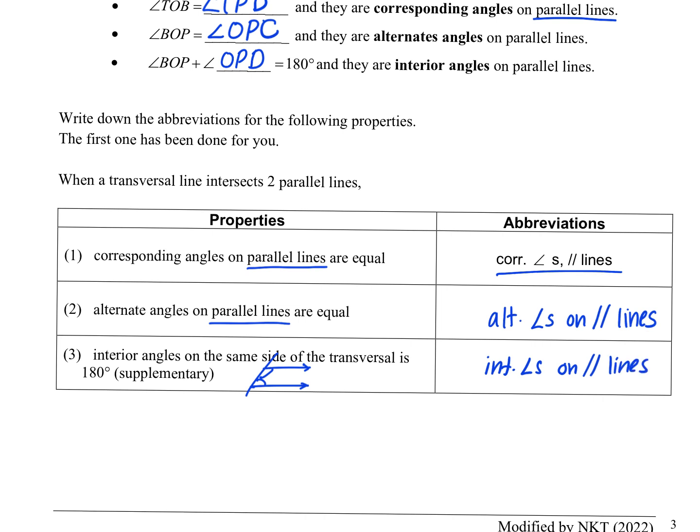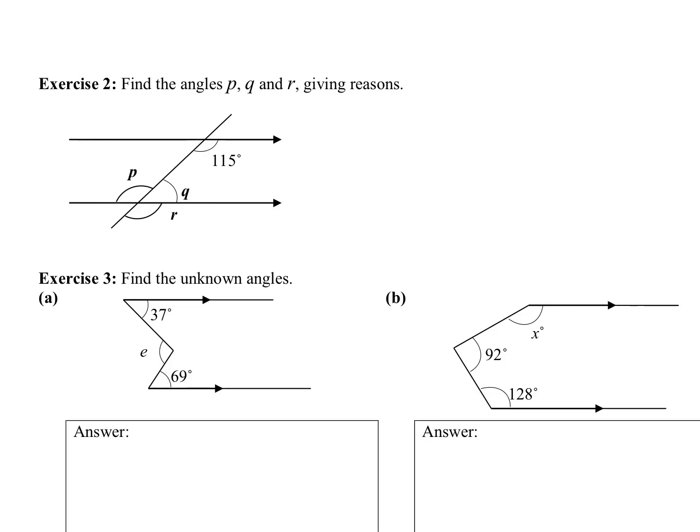So this is the proper proof and presentation when you write your angle properties. Now, knowing these angle properties, let us explore how we actually use them to help us find and calculate some unknown angles, and how we write the representation for our working.